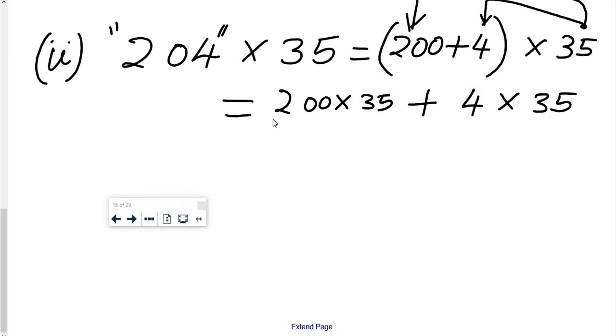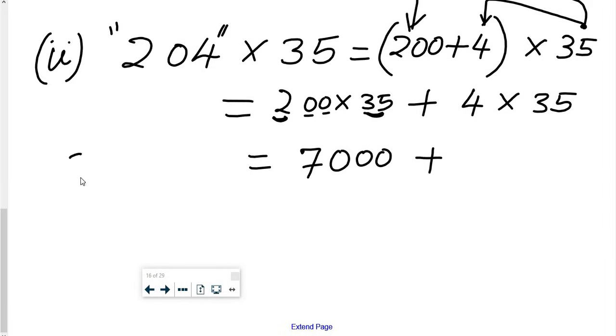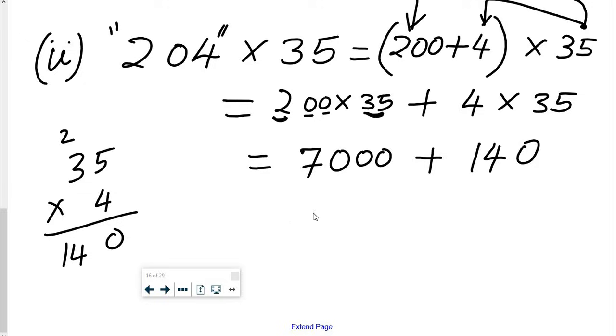Now look at this. 2 into 35, answer is 70. Keep these two zeros next to each other, plus 4 into 35. Just do a normal multiplication like this. 35 into 4, that is 20, carry 2, 12, 140. So add 140 here.